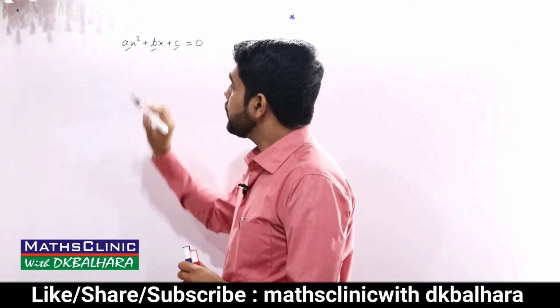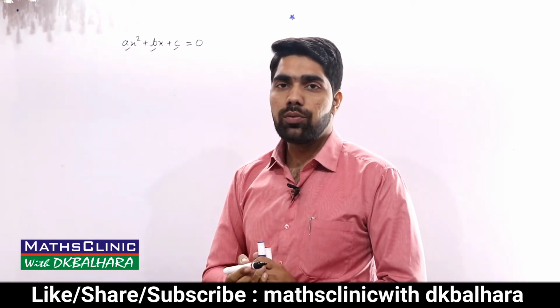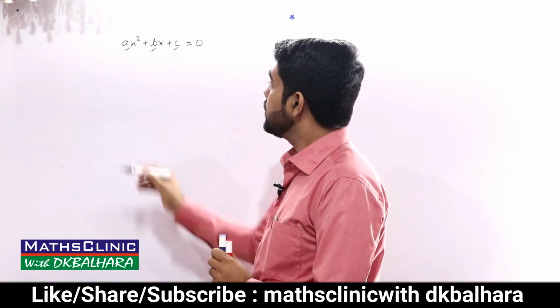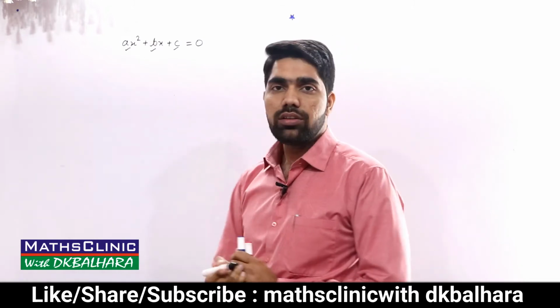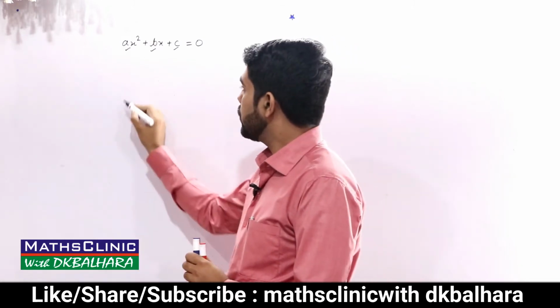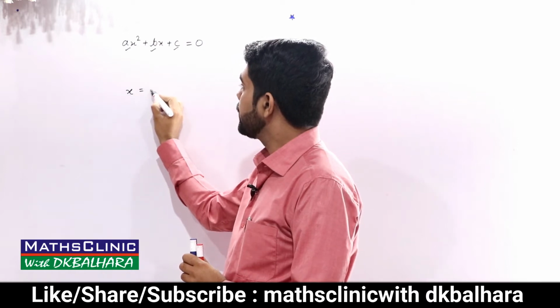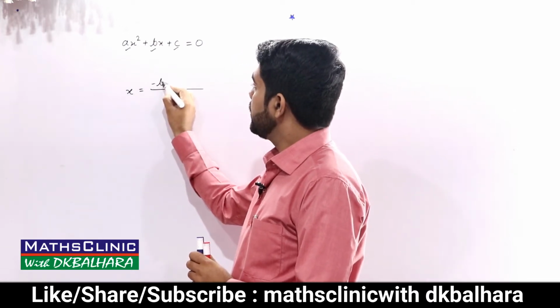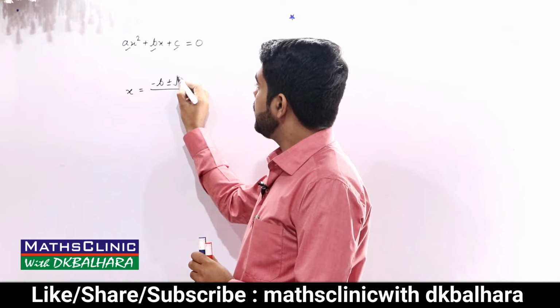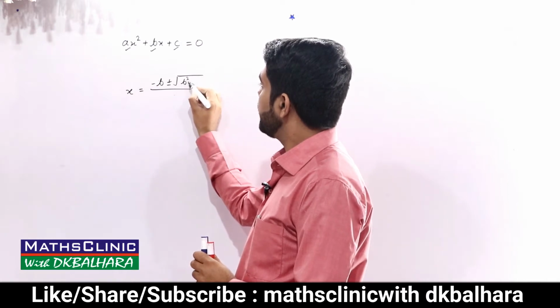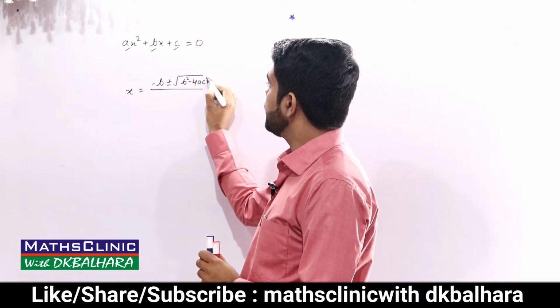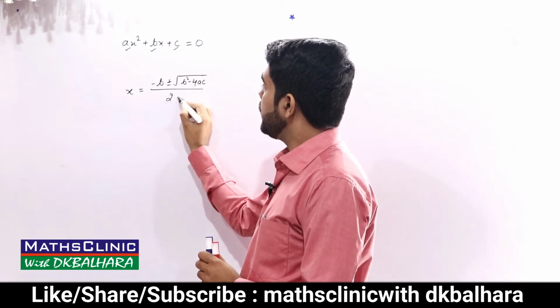And the quadratic formula that was derived by Sridharacharya is: variable, and here in this equation variable is x, so x is equal to minus b plus minus under the root b square minus 4ac upon 2a.